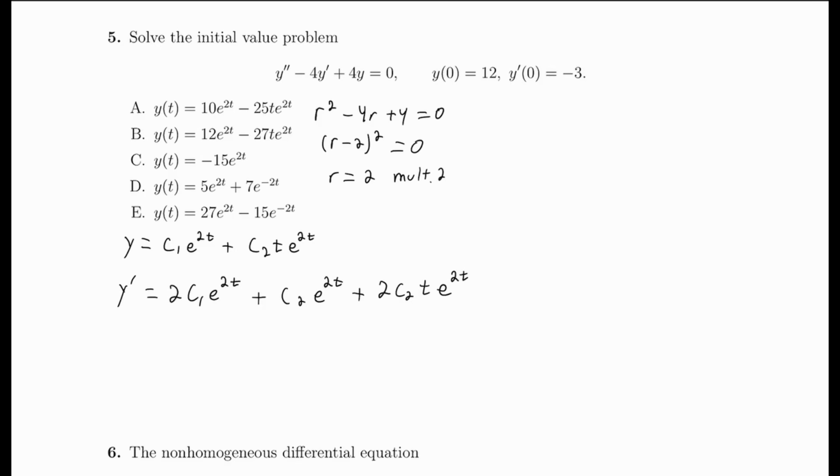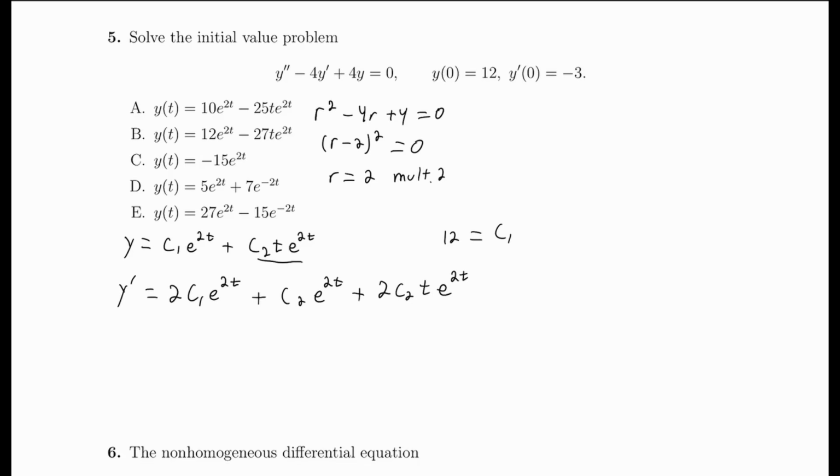We can go ahead now and start plugging in for our initial conditions. So using our y expression, we get 12 for y is equal to y of 0. When we plug 0 in for our t's, we're going to be left with just c1 because e to the 0 is 1. And then plus, this term will actually fully disappear because this t will become 0. For our y prime, we can start plugging in.